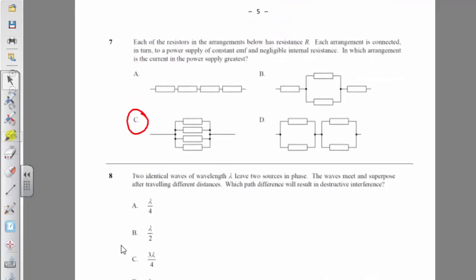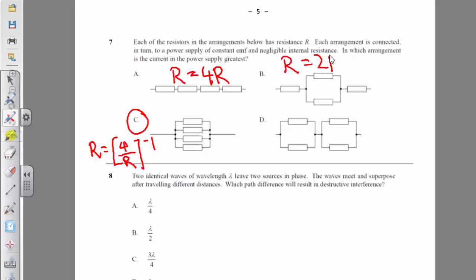By the way, you can work that out. So in this case, R is equal to 4 over R, inverse. So we get a quarter of R. In this one, we have R is equal to 4R. In this one, we have R is equal to 2R for the two resistors in series, plus 2 over R inverse.